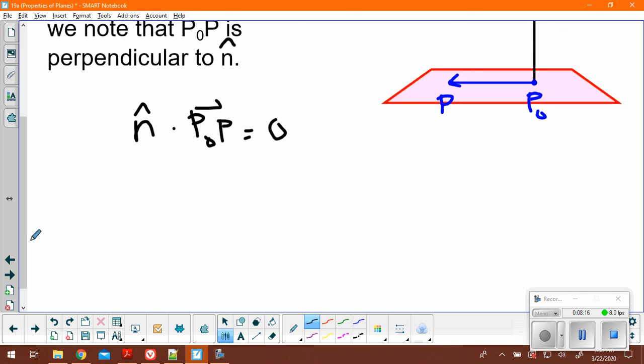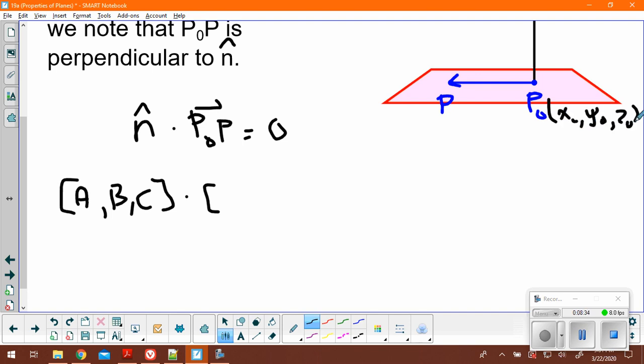For the normal, we'll use what will eventually appear in the equation, so we'll call that A, B, and C, dotted with the vector P naught P. How do I create that vector? Well, P naught has coordinates x naught, y naught, and z naught, and P has coordinates x, y, and z.